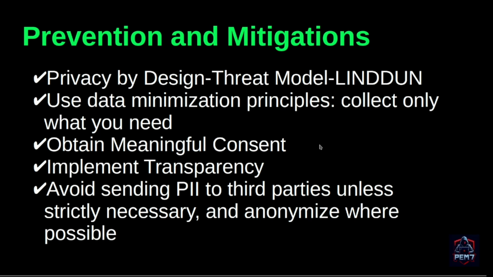This means collecting minimal data, obtaining meaningful consent, providing transparency, and giving users control. Therefore, privacy by design isn't just good practice, it's increasingly a legal requirement. Users are entrusting you with their most personal data, and you need to honor that trust.